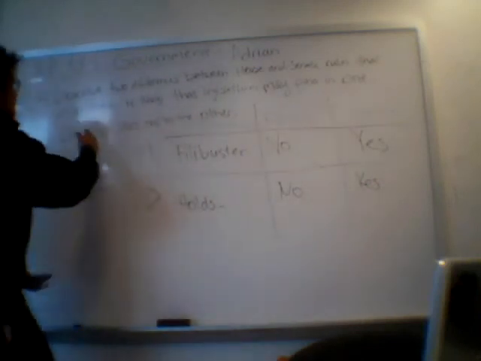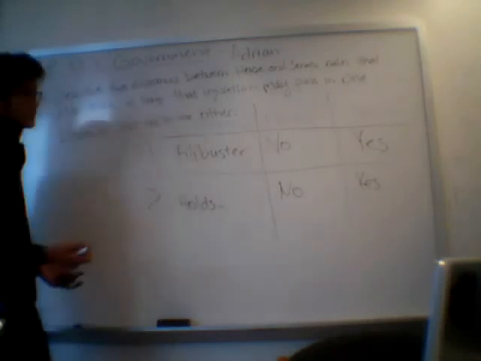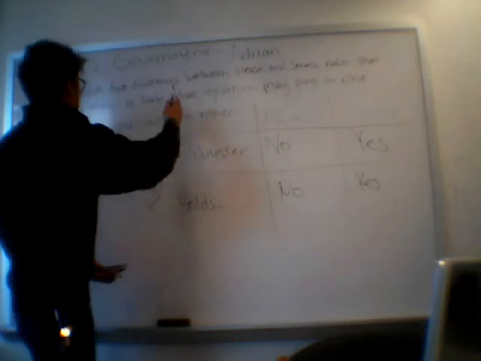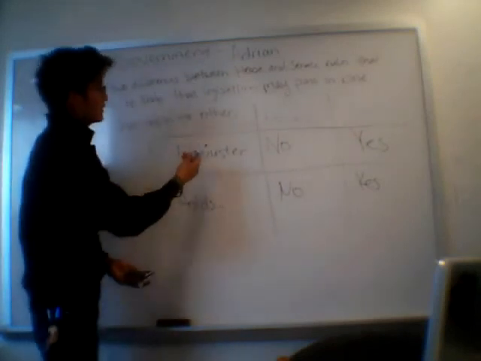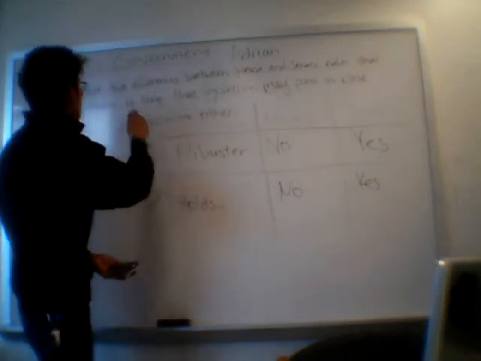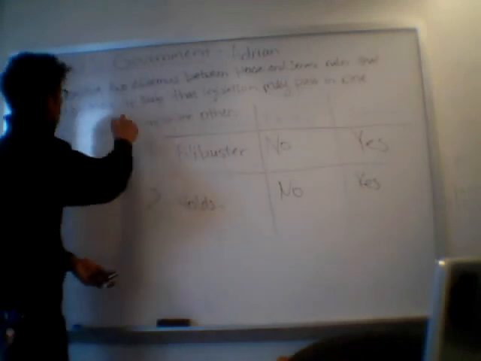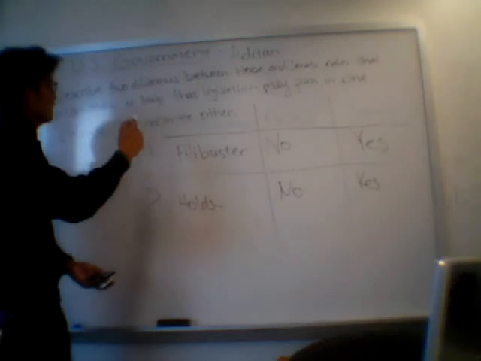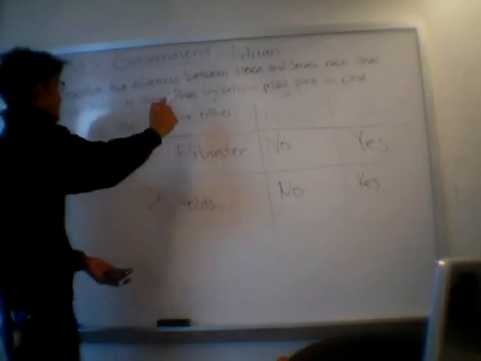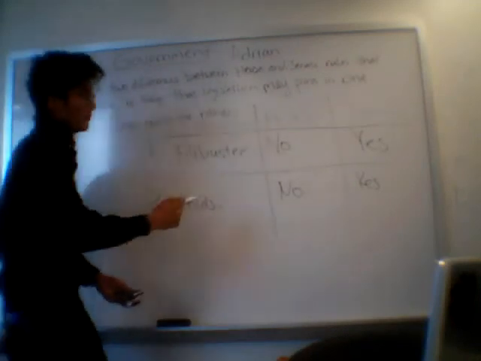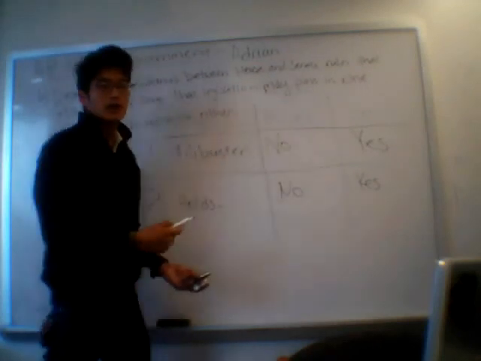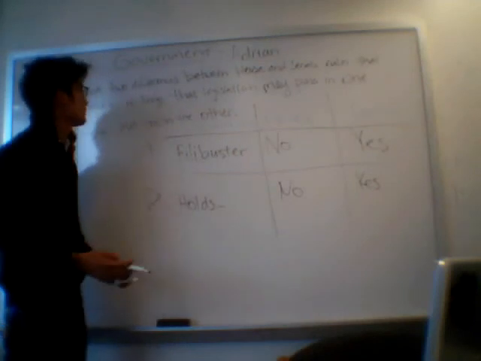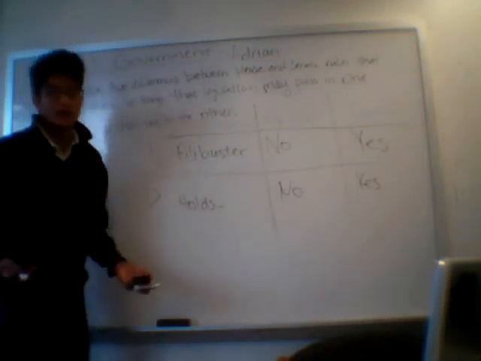So we said one difference between the House and Senate is regarding filibustering. And we say the filibustering may make it less likely to pass in the Senate, but likely to pass in the House. So that's just one method of answering the question.